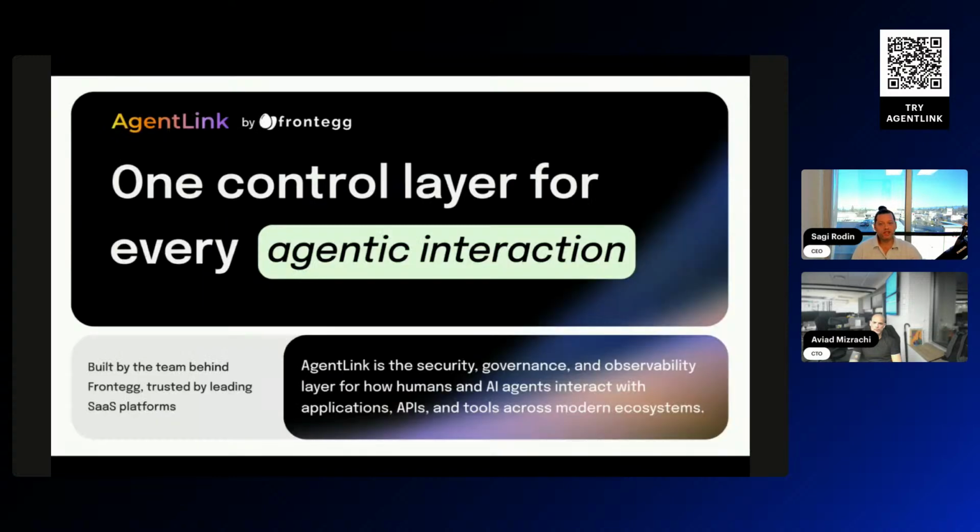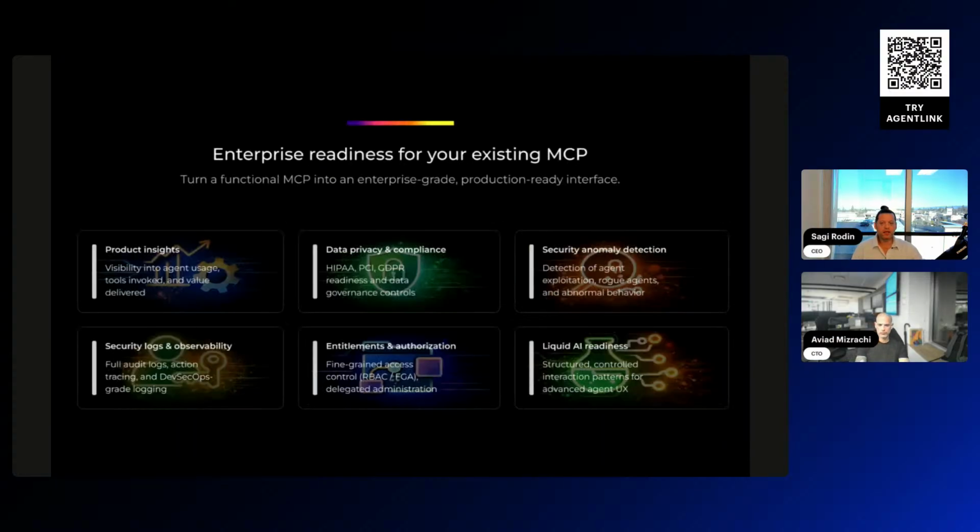And we've built with AgentLink the one control layer for any agentic interaction, right? And when we're thinking about the enterprise readiness part for companies that want to open up their products, we're thinking about product insights, and data governance, and entitlements and these super permissions and security logs and all of that, and that's super important.